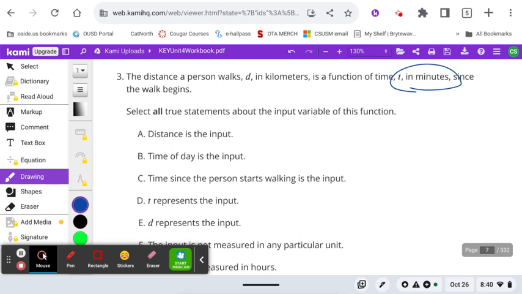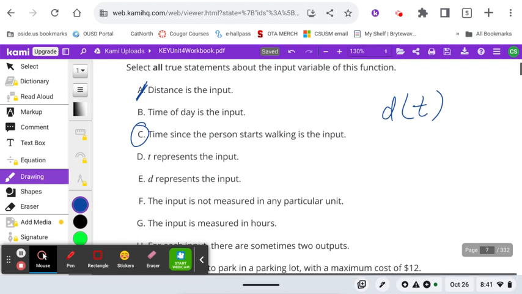Well, if distance is a function of time, we're going to be looking like d of t, where time is the input. But be careful, both B and C say that time of day is the input or time since the person starts walking is the input. Which one do you think applies? And it's not distance. You got it. It is C. Time since the person starts walking is the input.